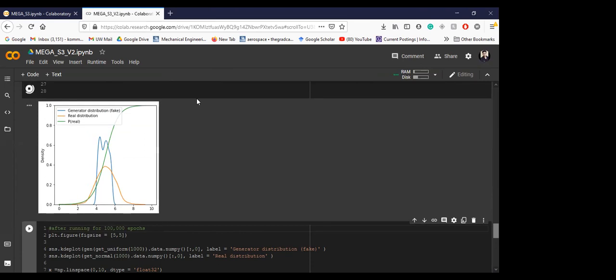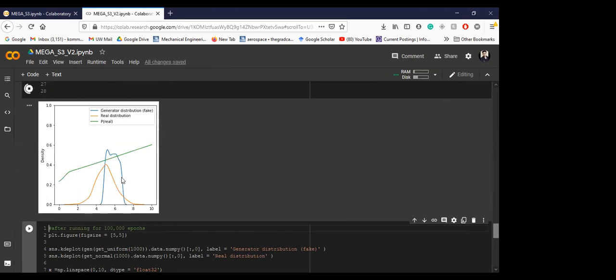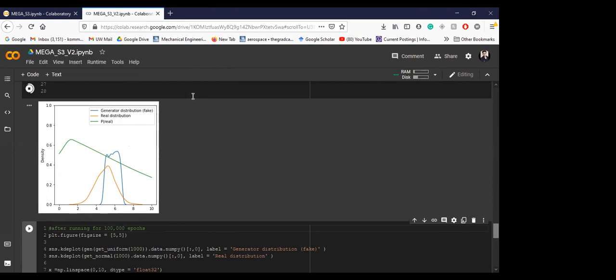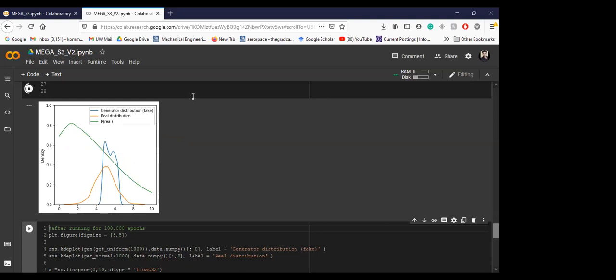We can see that the distribution is closely becoming like the normal distribution. This is a real distribution and this is a fake distribution. The blue distribution is trying to become more and more alike. After maybe 10,000 or 100,000 epochs, it'll essentially be indistinguishable between the normal distribution and the fake distribution that we have.